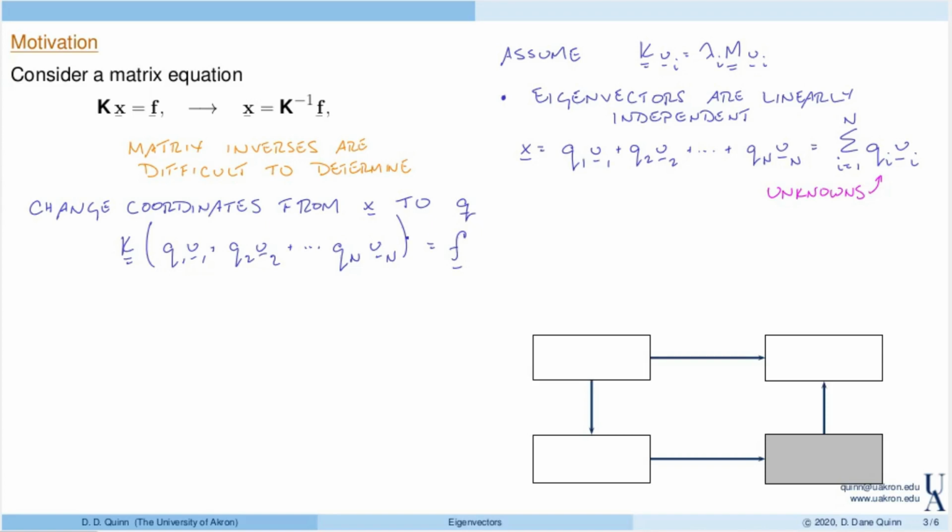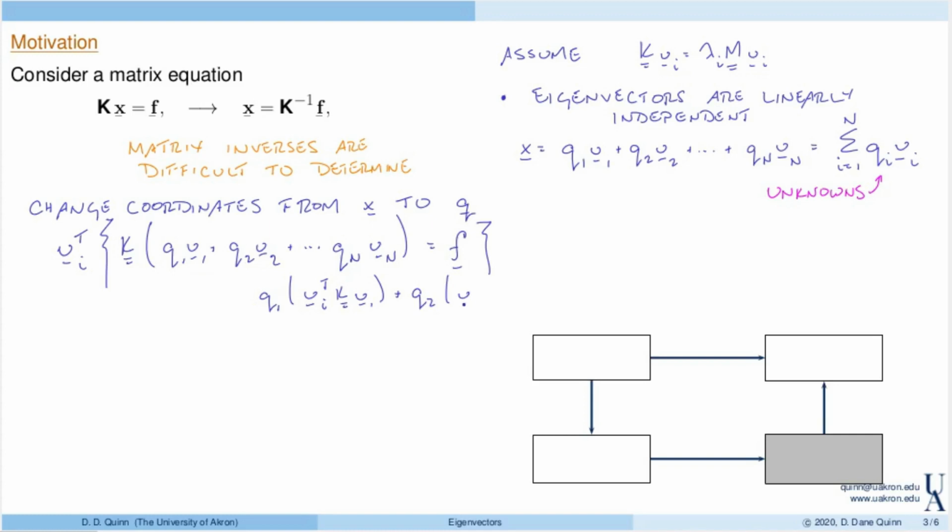Now, in order to pull off individual equations, I am going to pre-multiply by one of the eigenvectors, ui transpose. Anytime I do this, I will end up with a scalar equation. And when I carry this out, what do I end up with? Well, I basically get q1 times ui transpose K u1, and i can be anything from 1 to n.